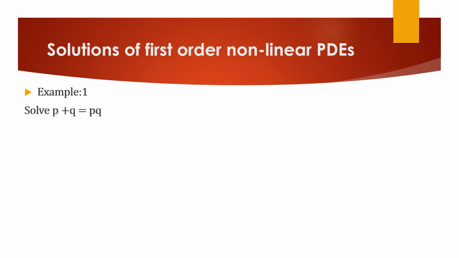So this is our given problem. Here we are going to solve this nonlinear PDE, and this is a type 1 PDE because this PDE contains only p and q. Okay, so here first we assume that z is equal to ax plus by plus c is the solution of the given PDE.